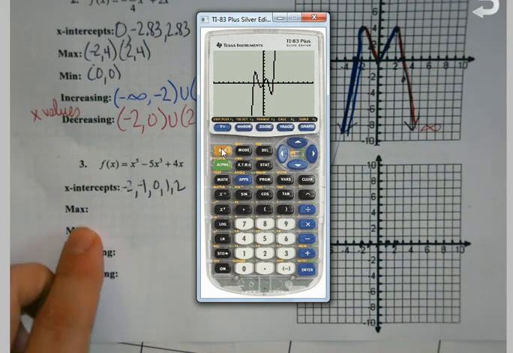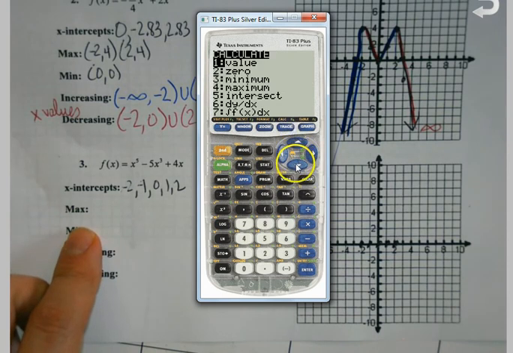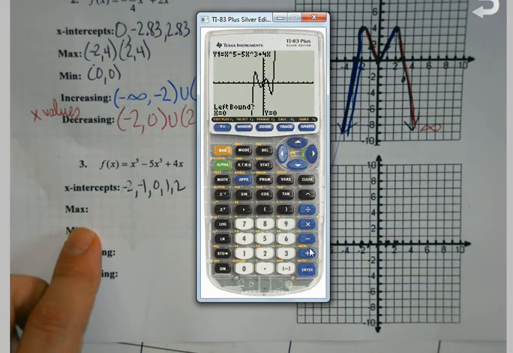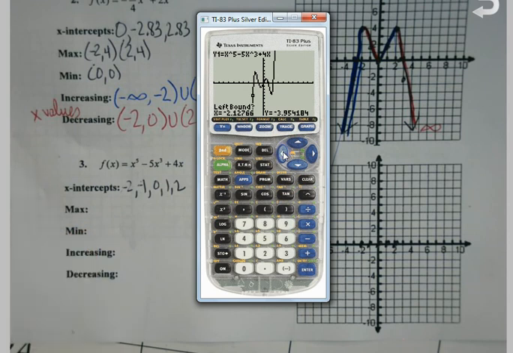So let's do maxes first, and we said there's 2 of them. Okay, so my first max is over here to the left. Now remember, with maximum and minimum, I don't care about the x-axis. I just want to be on the left side of this point right here. So 1 enter over here somewhere to the left. Now again, my second one is over here somewhere to the right.